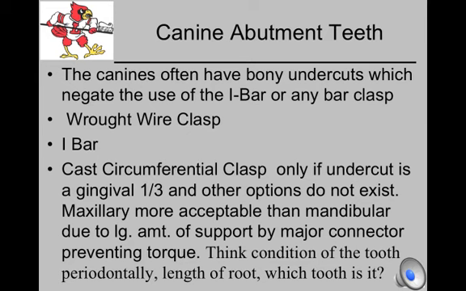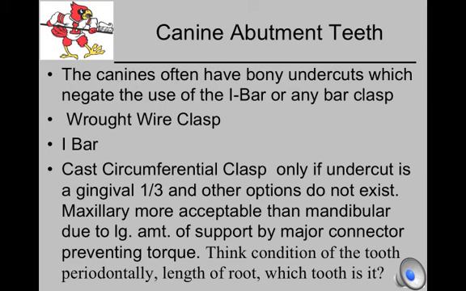The canines often have bony undercuts, which negate the use of the I-bar because it would stand out too far away from the tissue, or any other bar for that matter. Our second choice would be the wrought wire clasp because of its flexibility, and it goes into a .02 mesiofacial undercut.